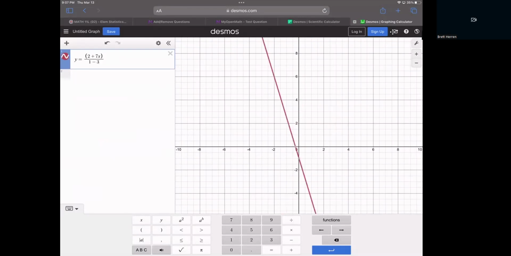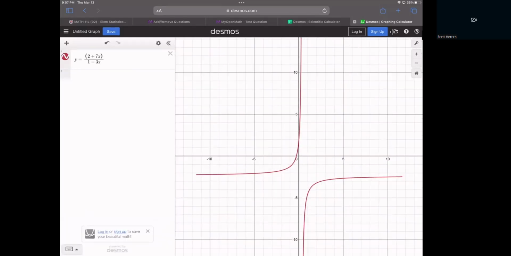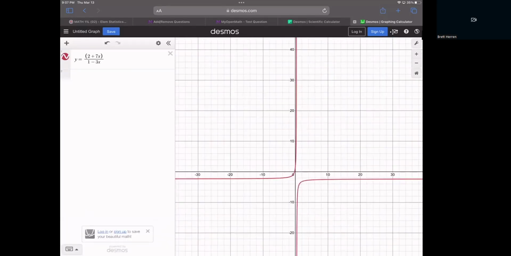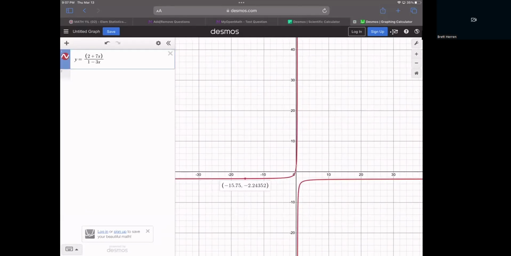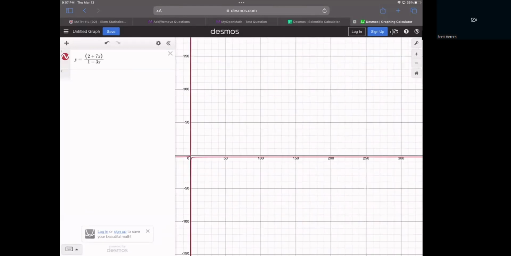Look what happens as I go to infinity, which means going to the right forever. So let's squeeze this graph down. And we're going to the right forever.